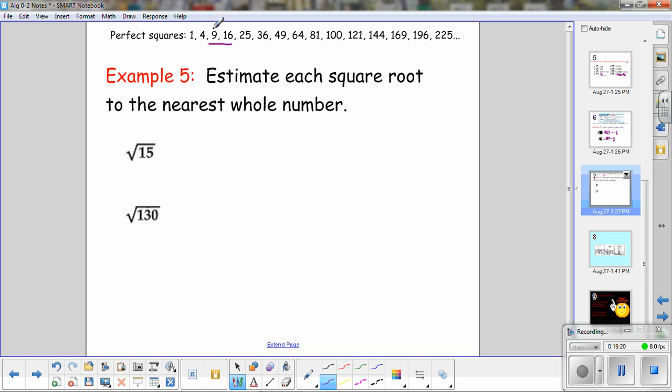Remember, the square root of 9 is 3, and the square root of 16 is 4. So the square root of 15 is going to fall somewhere between the 3 and the 4. But 15 is closer to 16 than it is to 9. So the nearest whole number is 4.